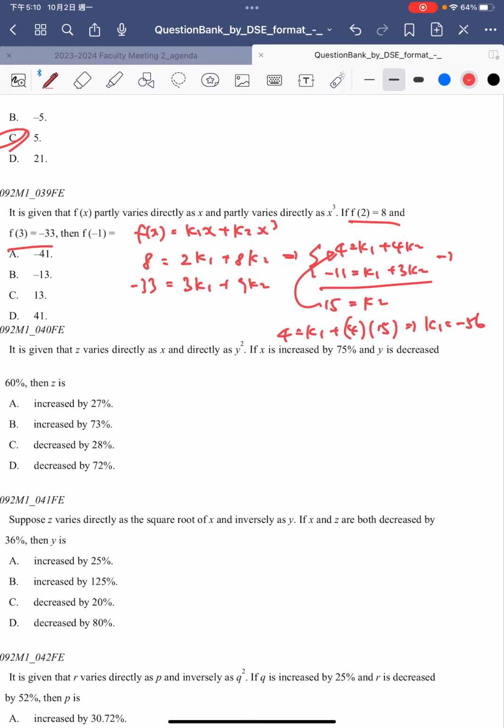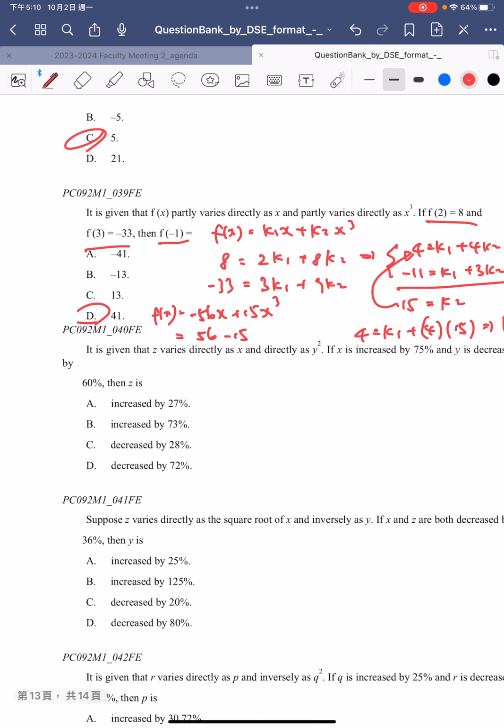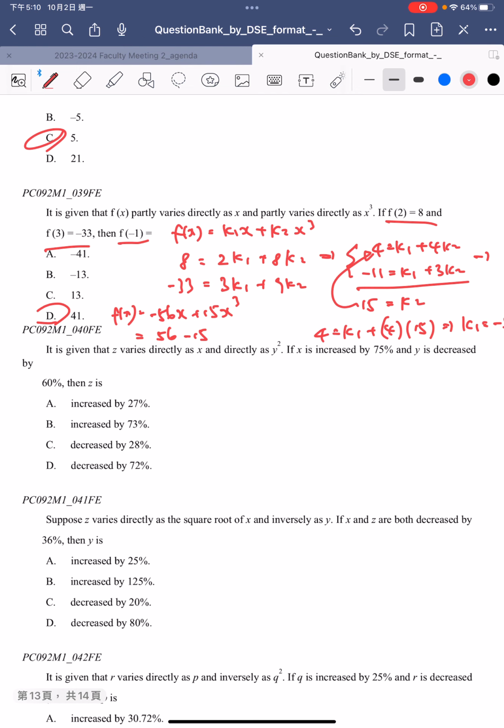So now f of x is equal to negative 56x plus 15x cubed. Then what we want is f of negative 1, which is 56 minus 15, giving you 41.